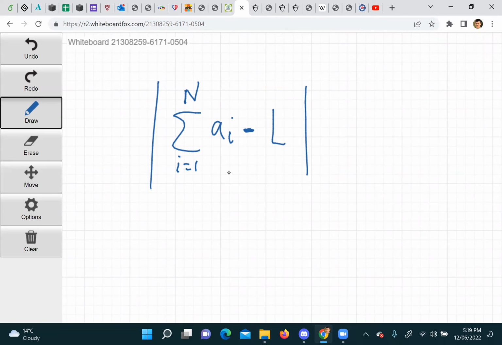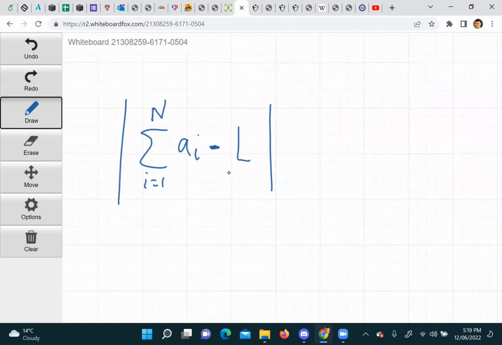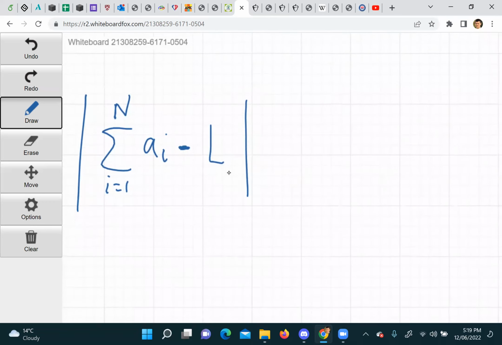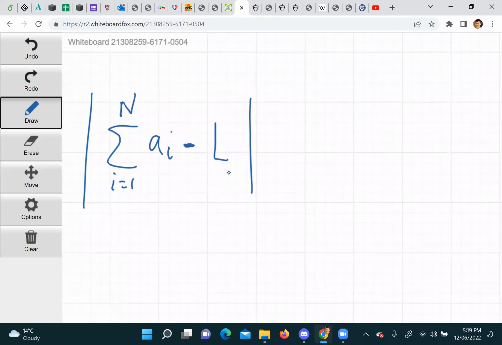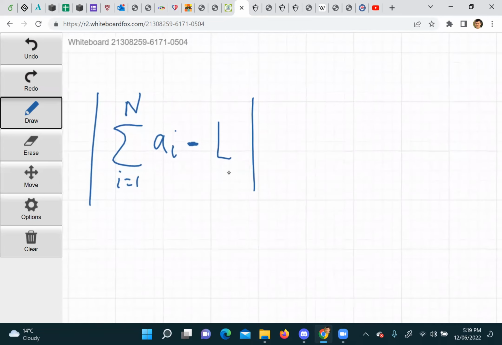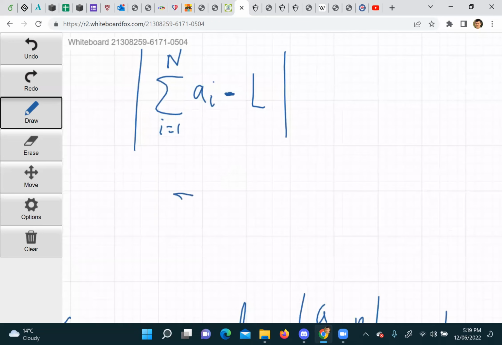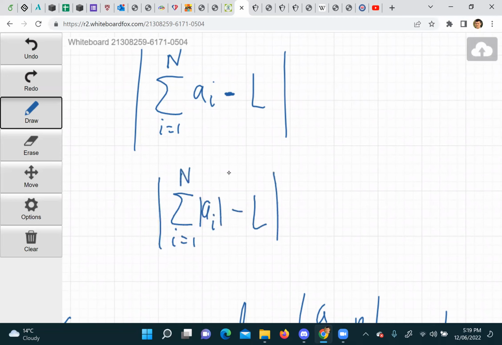You want to approximate this difference, where L is whatever the limit should be.